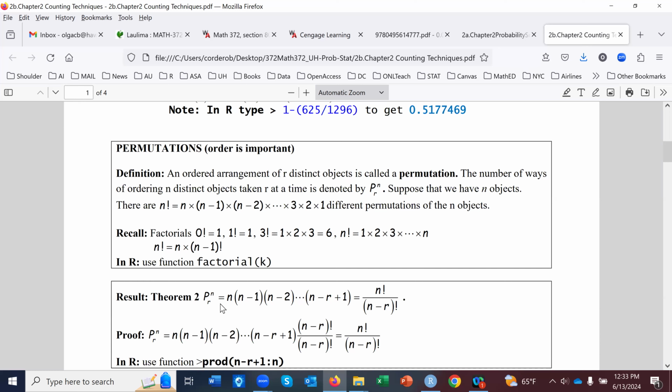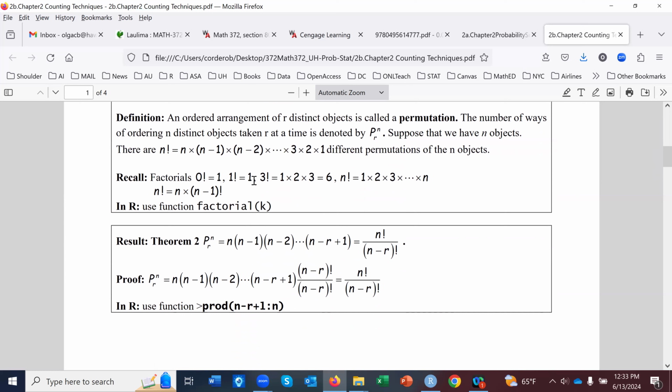The number of permutations taking r at a time is going to be this product, all right? And this simplifies with this little manipulation for factorial. Remember, this is what factorials are all about. And we have in R the function factorial.